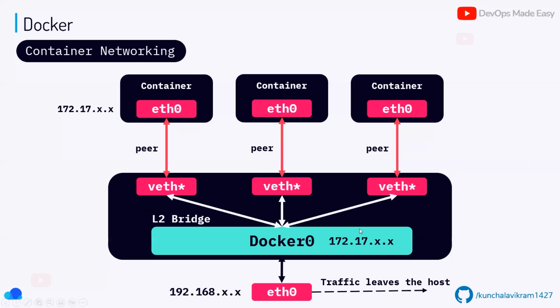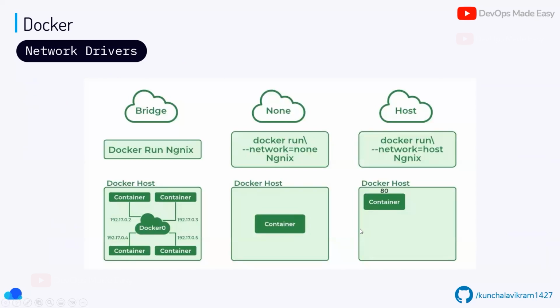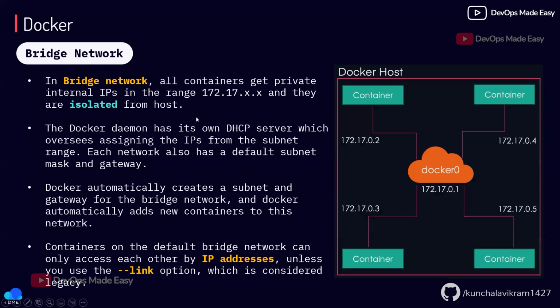So this is one biggest drawback of using the default bridge network: there is no DNS resolution using names. It is like opening my Google Chrome browser and typing www.google.com, and it won't respond, but if I use the IP address of the Google server, it will respond. But I can't remember the IP addresses all the time, right? I should rely only on the names. But that is not possible with your default bridge network, that is docker0.